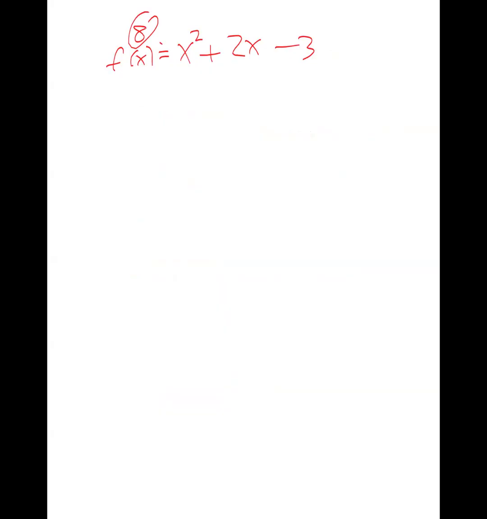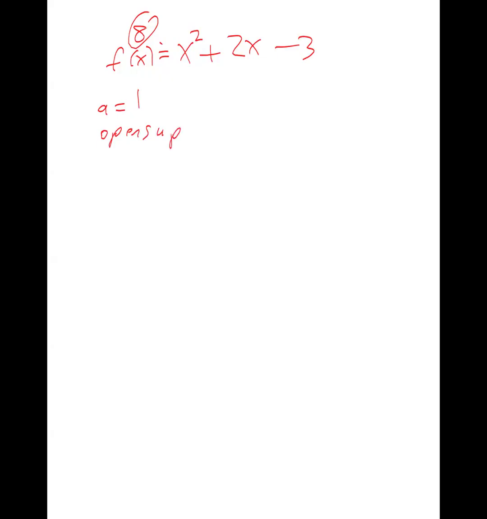So the one thing that's true is the value of A is equal to 1 in that form, right? And B is equal to 2 and C is equal to -3. The value of A is still the same in both standard form and non-standard form. So since A equals 1, we do know that it opens up because A is positive.